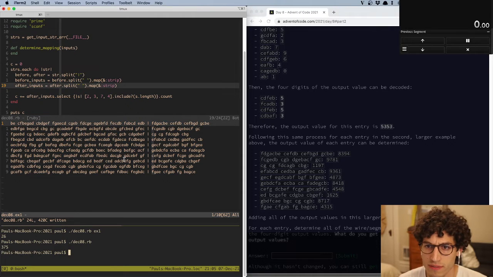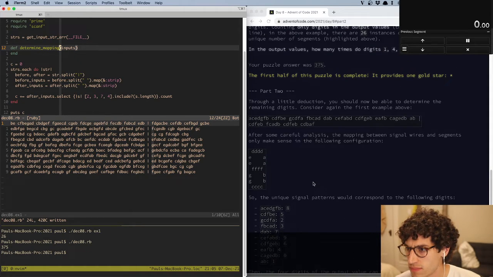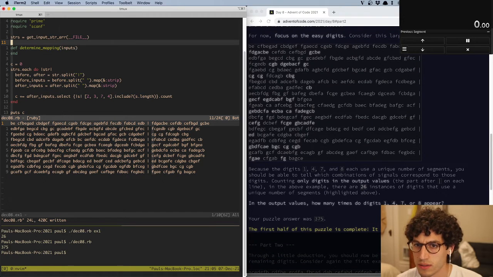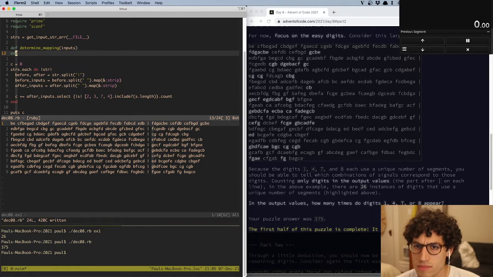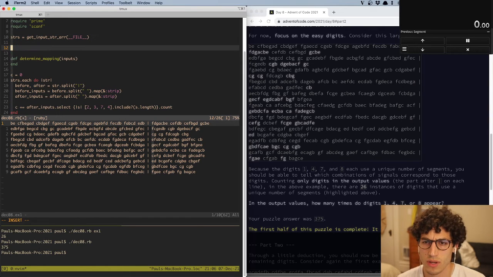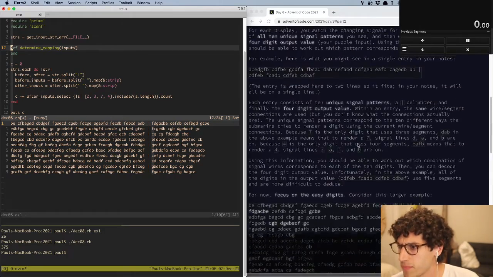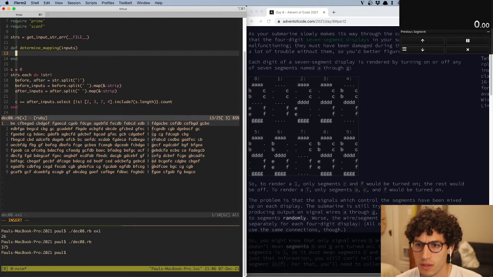Add up all of the output values. Zero. Inputs.